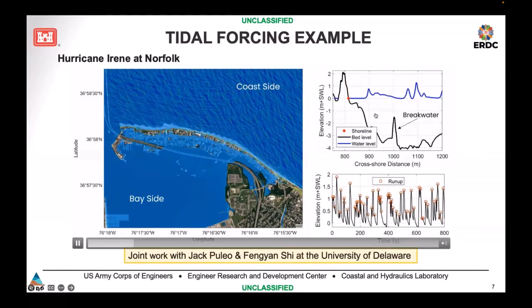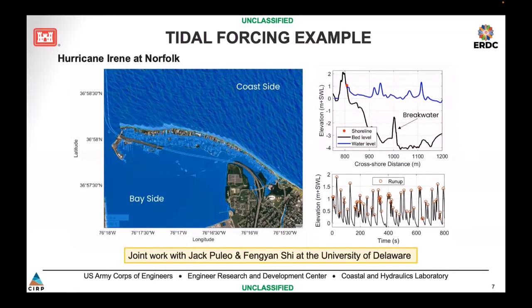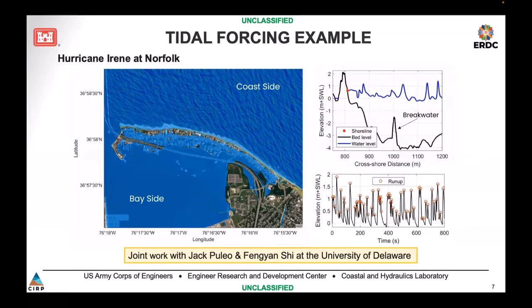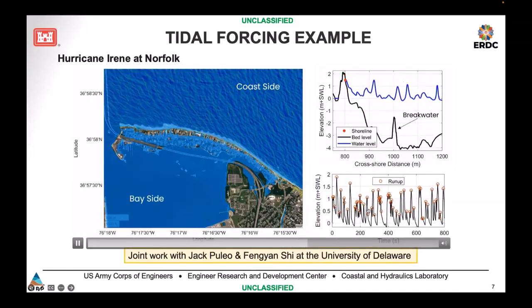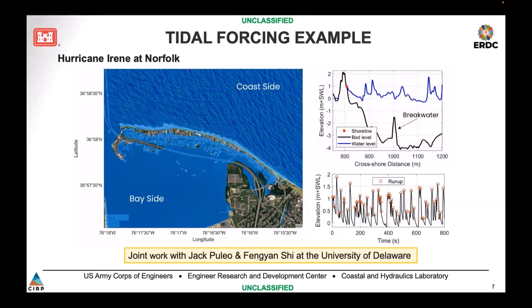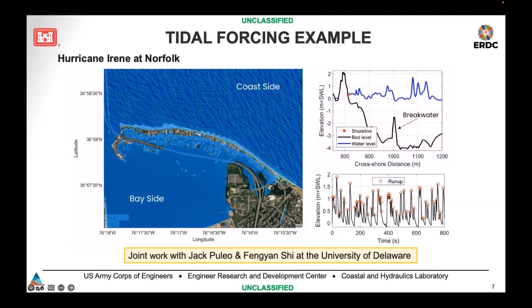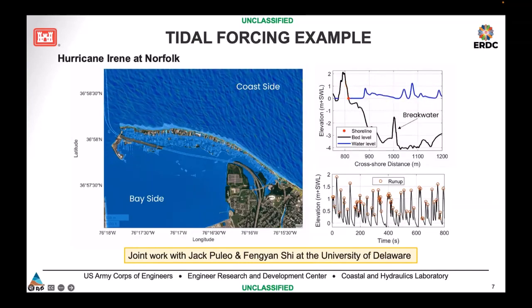One thing to note is this red dot, which is the instantaneous run up. Plotting that as a function of time in this bottom graph, the red circles correspond to the max run up. This is joint work with Jack Paleo and Feng Shi at the University of Delaware.